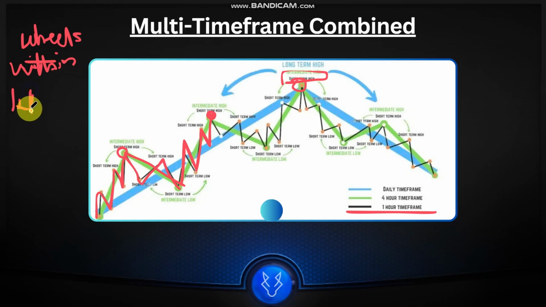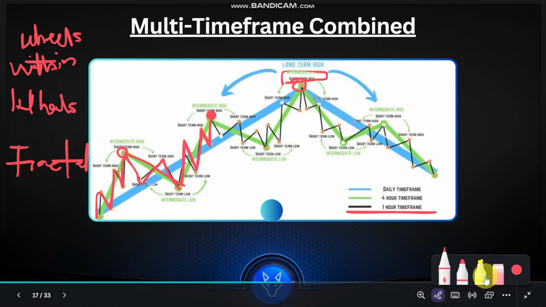We also call it the fractal nature of the market. So whatever is happening in the higher time frame is going to affect the lower time frame bias.